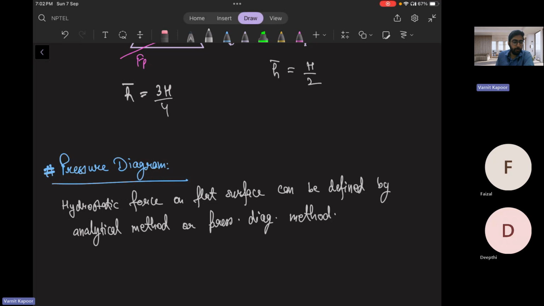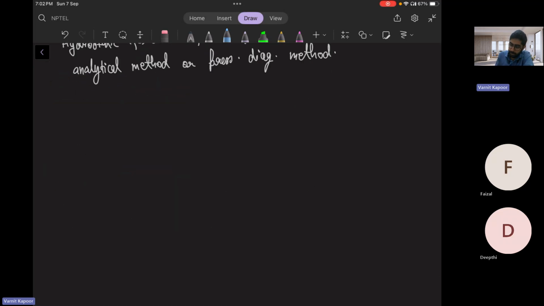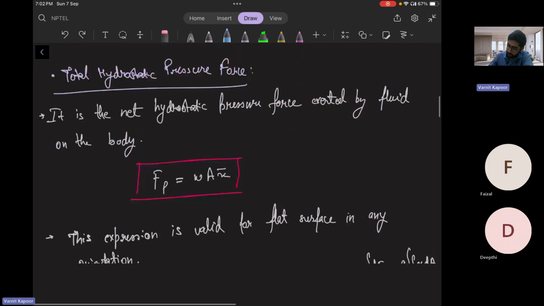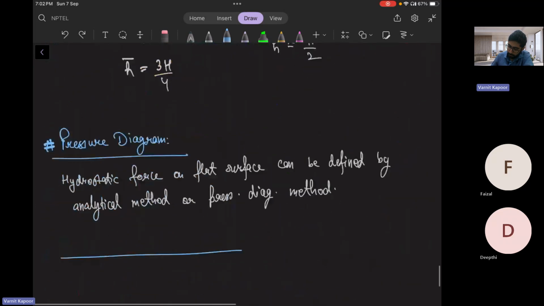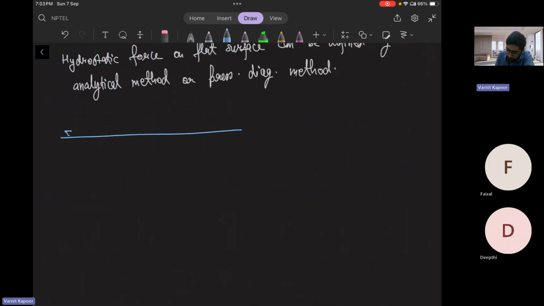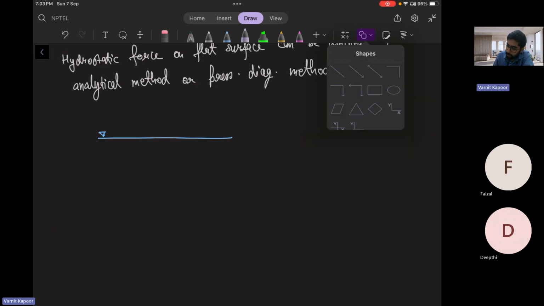So how do we form the pressure diagram? Again, I have a free surface like this, and your plate, or wall, is like this.